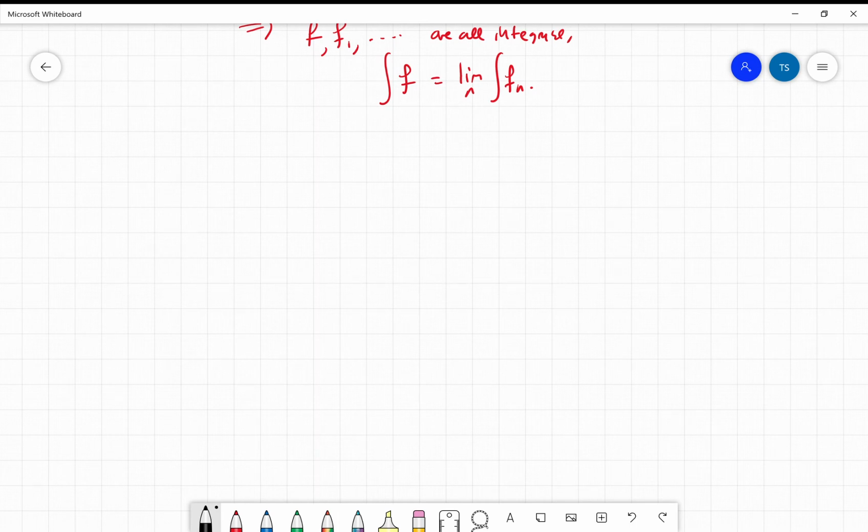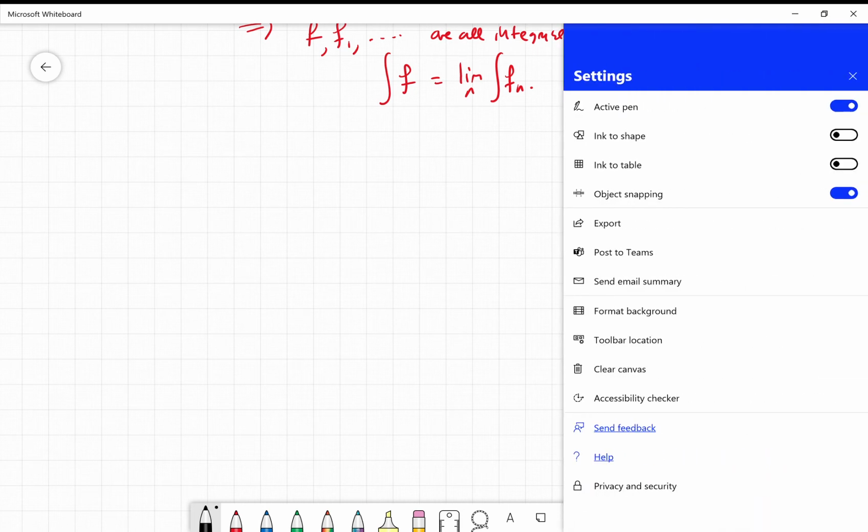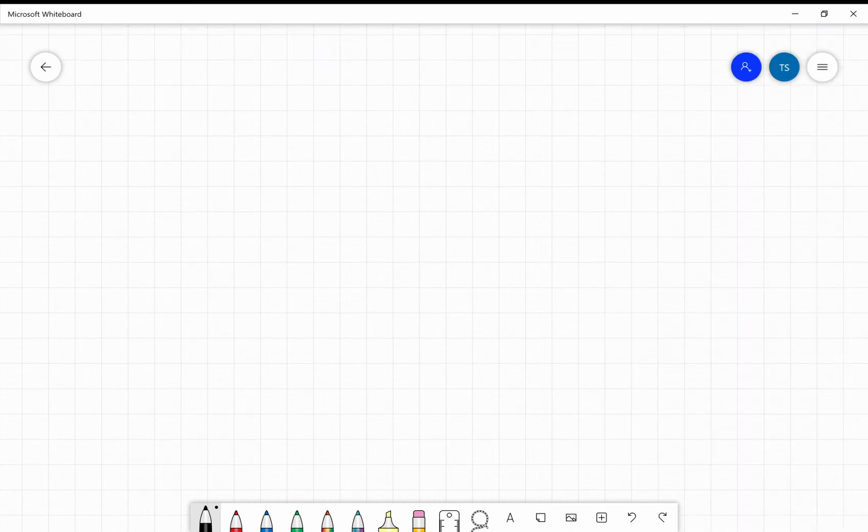Okay, so what we talked about next is this idea of a convolution. So convolution, we know how to define a convolution. It's defined for 2 L1 functions, and it's defined in the following way.